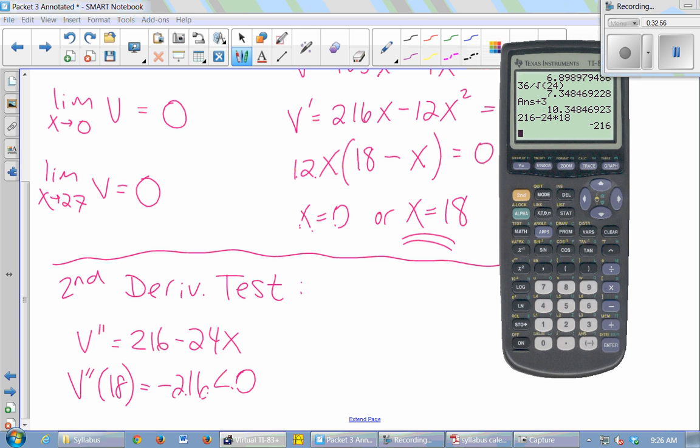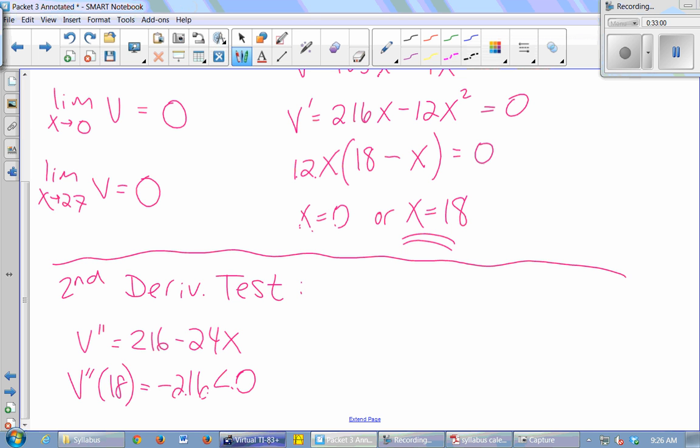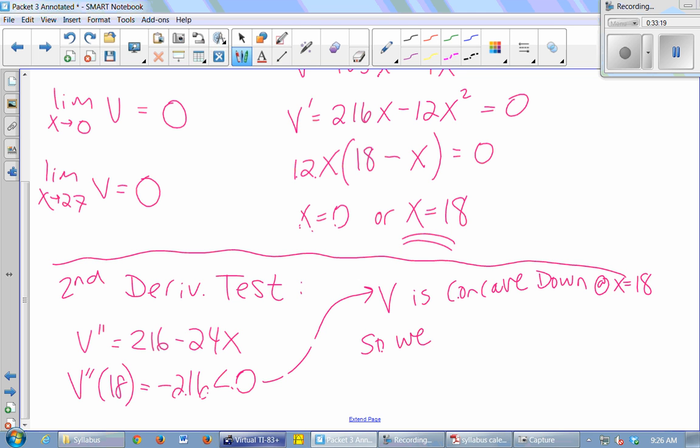It's a negative, which means the graph is concave down there, which means that this x equals 18 has to be a local max. So V is concave down at x equals 18. So we have a local max.